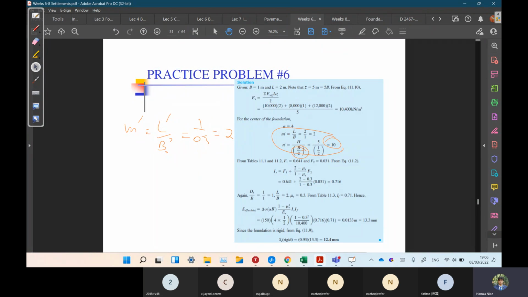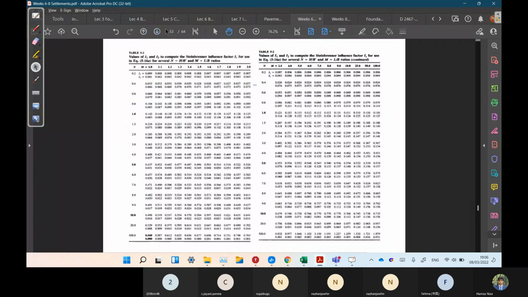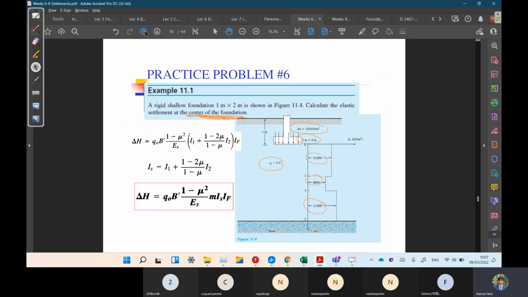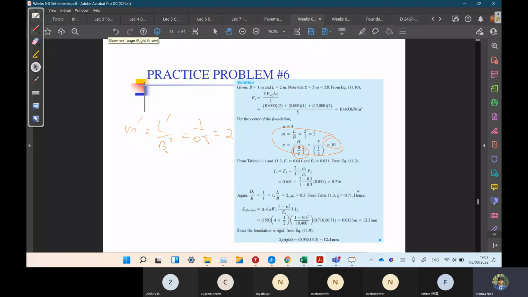Yes, this was 10. So for 10 and for M equal to 2, we can find the values as I1, I2. So simply we have to plug in the values in this expression and we can find the answer.